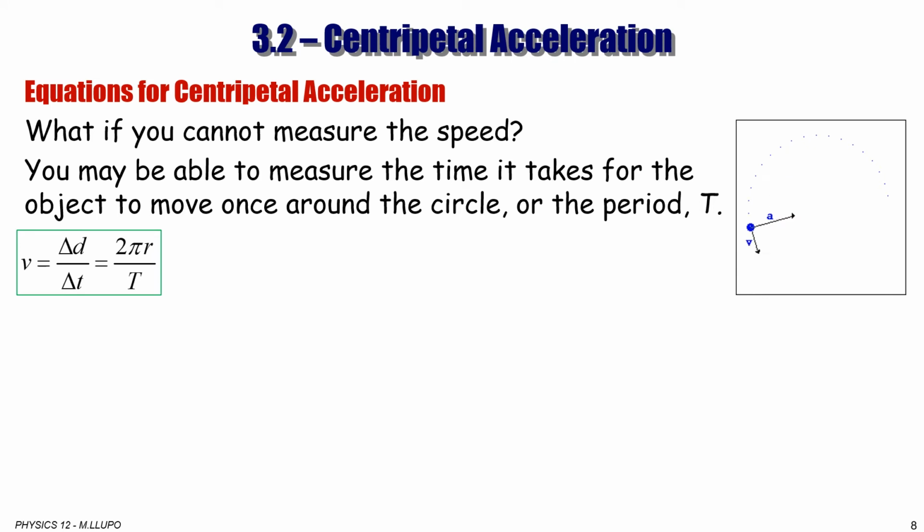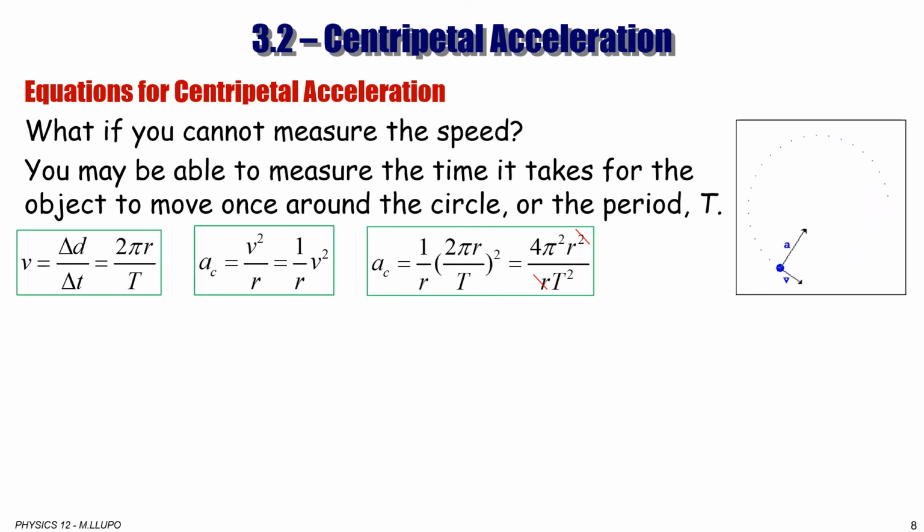So speed is expressed as 2 pi r over T, and from the base equation, v squared over r, we can replace v with 2 pi r over T. We get 1 over r times 2 pi r over T all to the power of 2, which makes 4 pi squared r squared divided by r T squared. So the r's cancel, and we get centripetal acceleration is equal to 4 pi squared r divided by T squared.